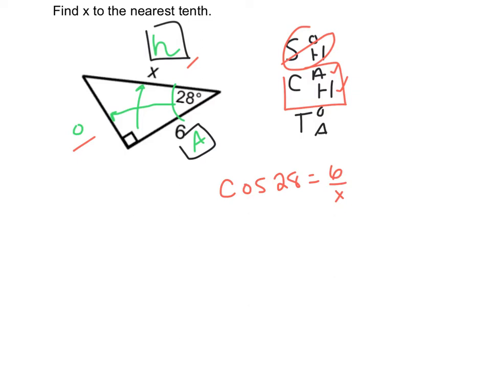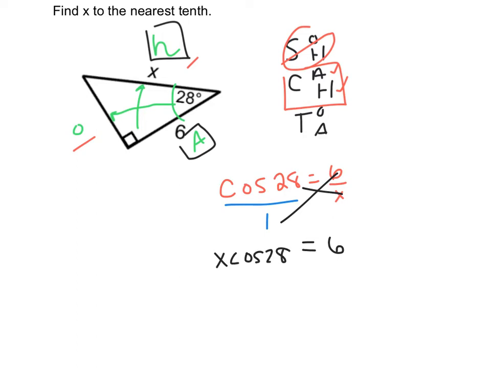Always put your cosine of 28 or your sine whatever over 1. It makes your cross multiplying easier. I now cross multiply. 6 times 1 is 6. And then I get x times cosine of 28.